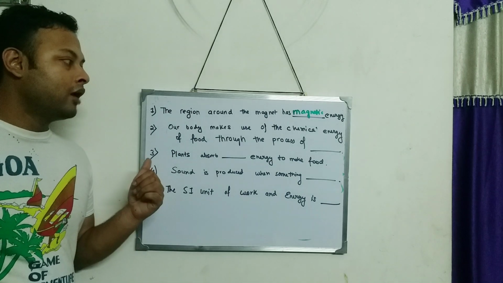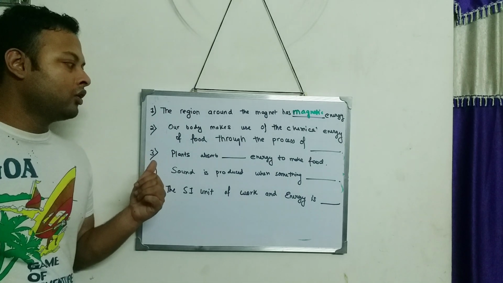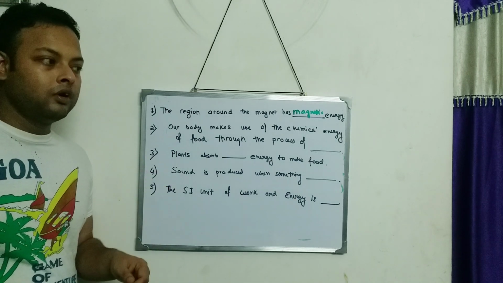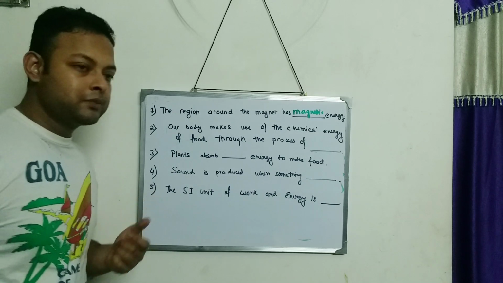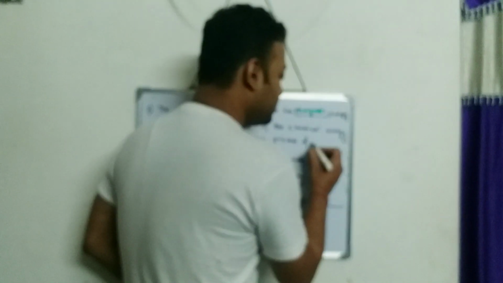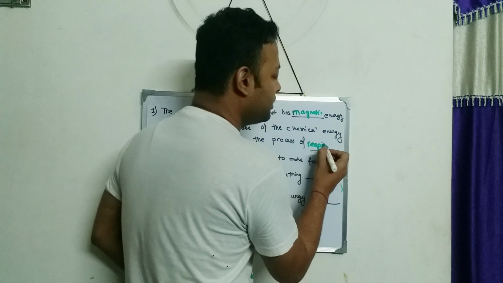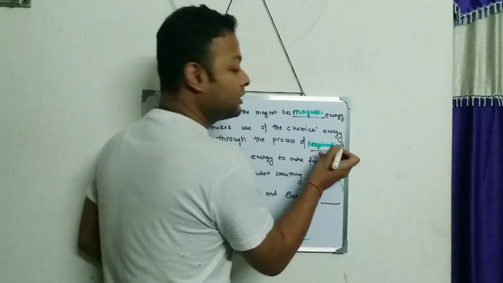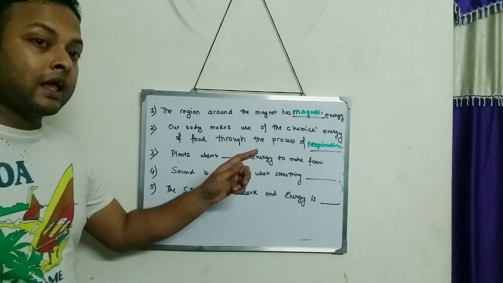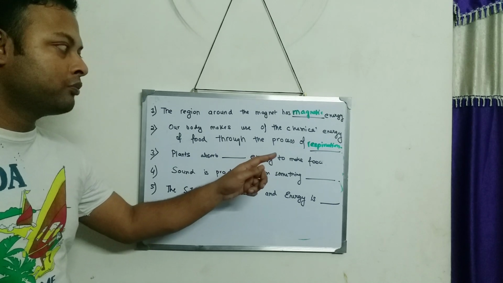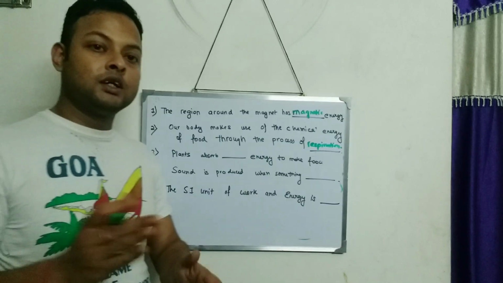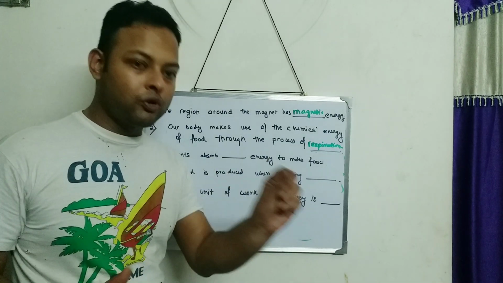Second question. A body makes use of chemical energy of food through the process of respiration. Okay. Answer is respiration. Don't think answer is digestion. No, digestion is not the process. Digestion is just the food getting broken into small parts.